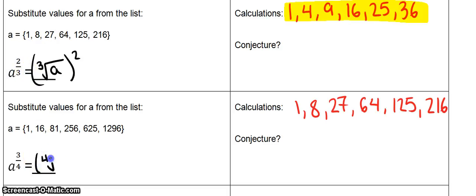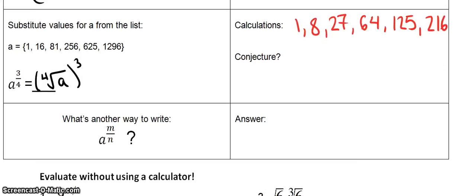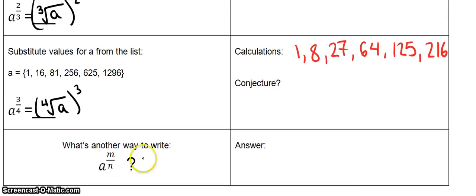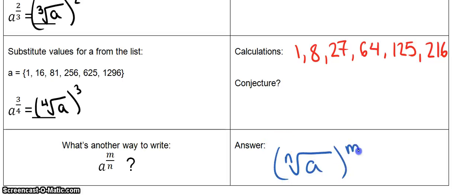So the 1/4 power would be the 4th root of a, the 3/4 power would be the 4th root of a raised to the 3rd power. So in general, if you have a fractional exponent, the denominator becomes the index of the radical, and the numerator becomes the exponent. This means that for a to the m over n, the root will be the nth root, the denominator becomes the index, and the numerator will become the exponent you raise it to.